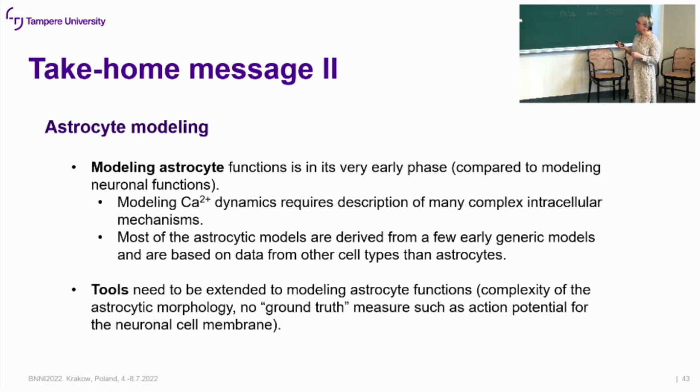And this is mainly due to the fact that we have recently realized that there is this really big complexity of astrocyte morphology, and also because there is no so-called ground truth measure, like the action potential for the neuron membrane. So it's more complex for astrocytes. Our ground truth is this calcium signaling, which is really messy.